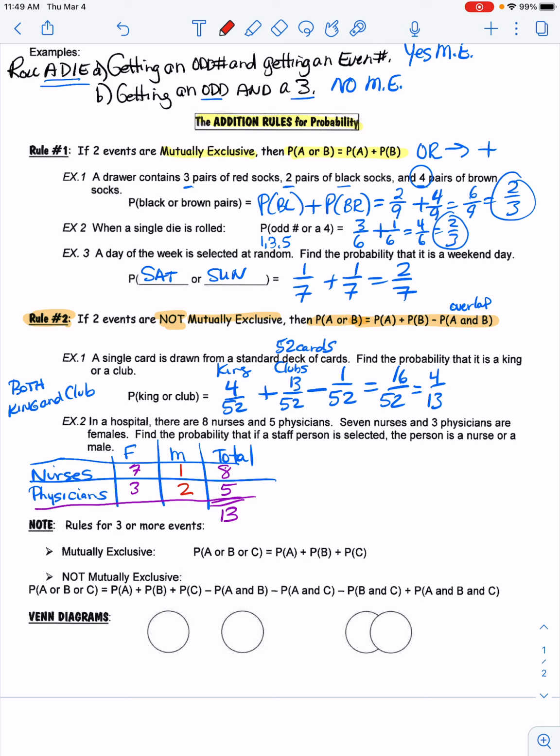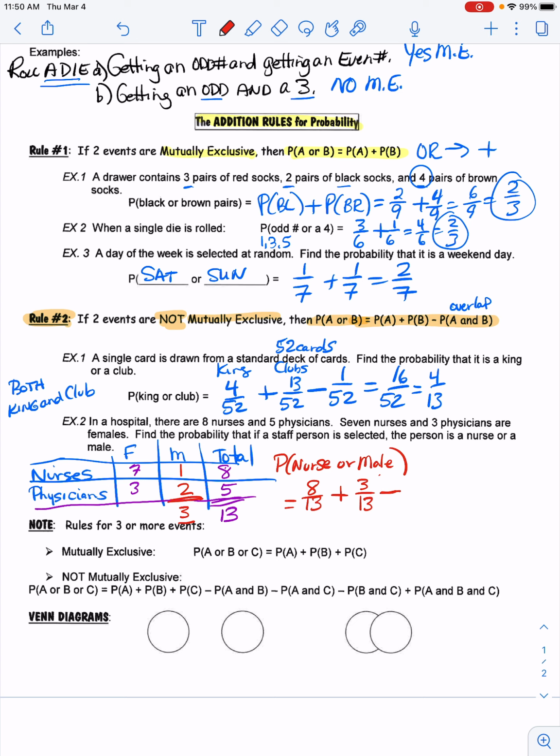So now what in the world was the question? We want the probability of nurse or male. So the probability of being a nurse is going to be 8 out of 13 plus probability of male, so we've got to get this total here for male, 3 out of 13.